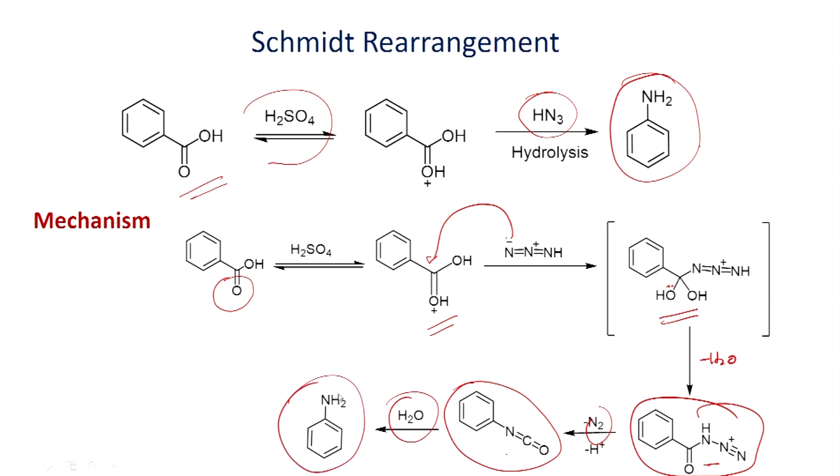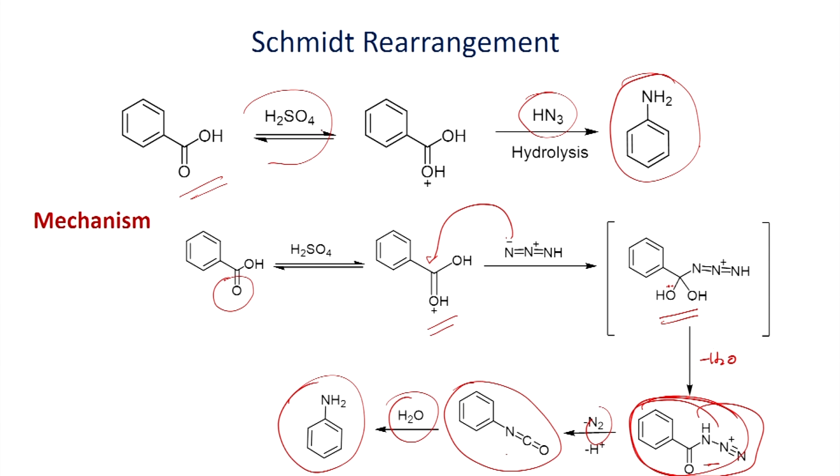So, if you look at the Curtius and Schmidt rearrangements, they are similar, and both involve the acyl azide. In the case of Curtius rearrangement, you have the acid chloride, you react with sodium azide and you form the acyl azide, which is further converted into isocyanate by removal of nitrogen molecule. When you heat or when you react with acid, it can lose nitrogen molecule, you will be able to form the nitrene, which can undergo rearrangement to give the isocyanate.